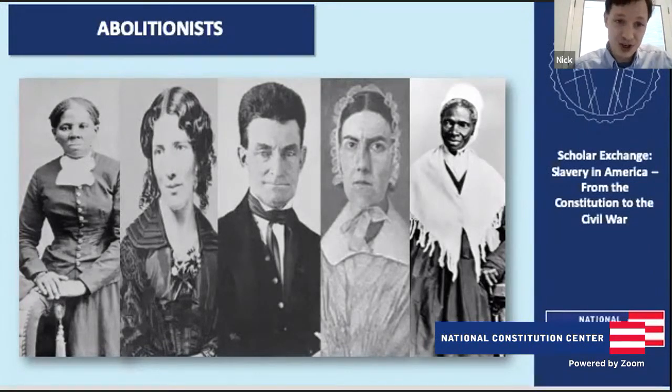The Haitian Revolution, Gabriel's Rebellion, this potential conspiracy to follow the Haitian Revolution and a slave uprising, Denmark Vesey's conspiracy in 1822 in South Carolina, and then Nat Turner's Rebellion.